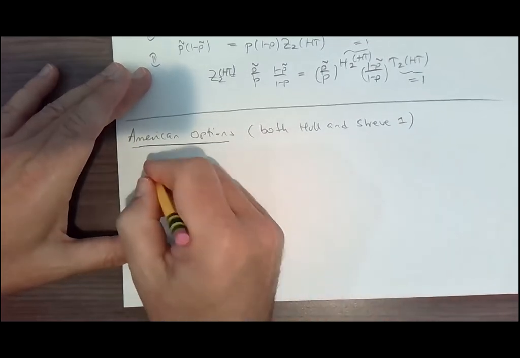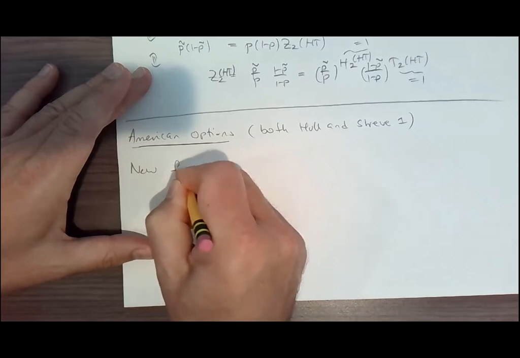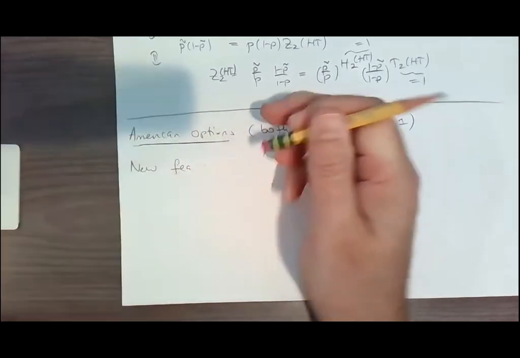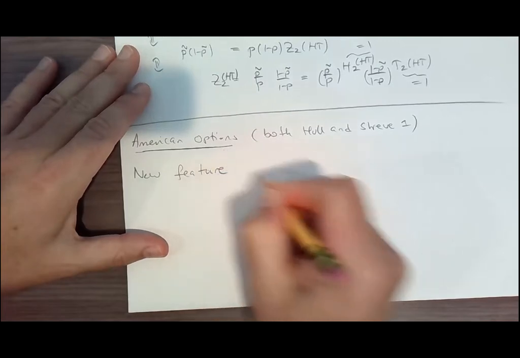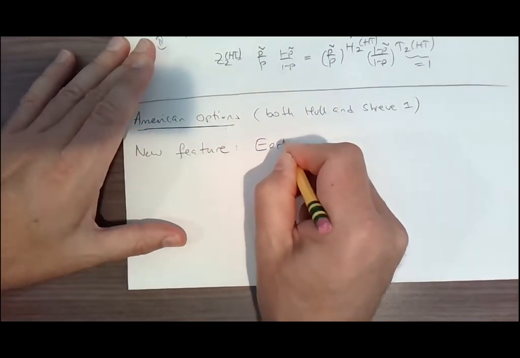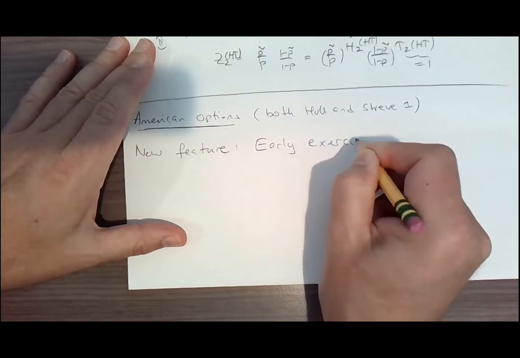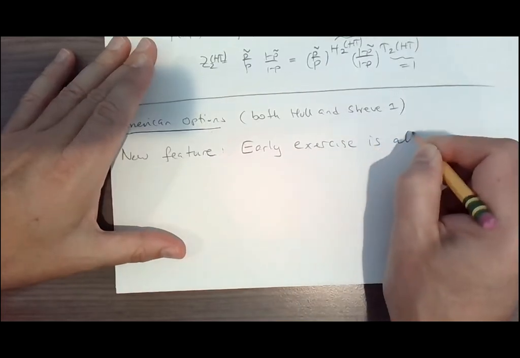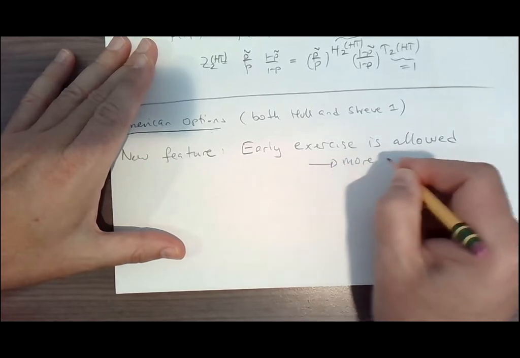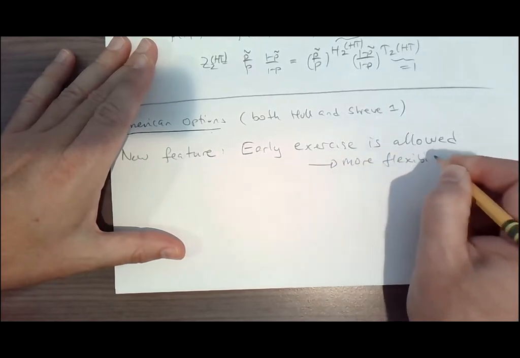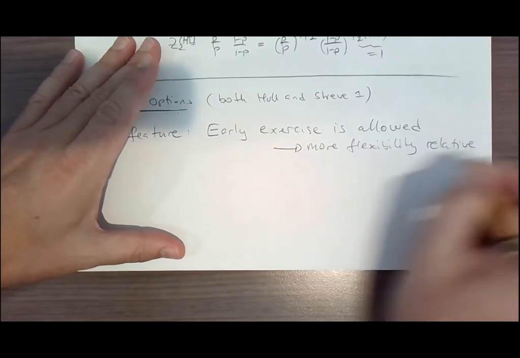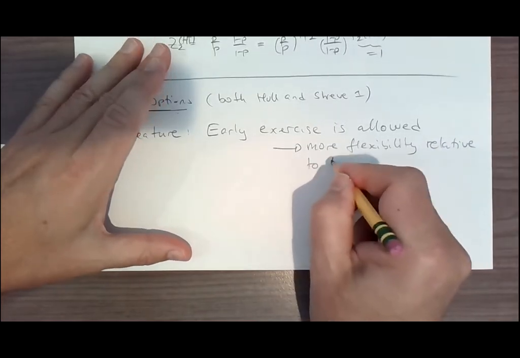So the American options, the new feature, and I cannot spell feature today, is early exercise. Early exercise is allowed. So there's more flexibility relative to Europeans.